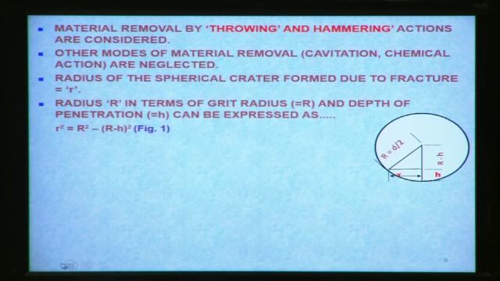After simplification, this becomes 2Rh minus h square. The abrasive particle size is in the micron range, so the depth of indentation h is very small, and we can neglect h square. Ultimately, 2 capital R into h equals r square.